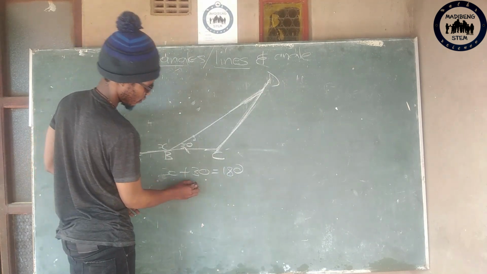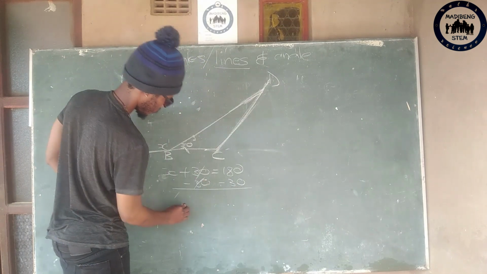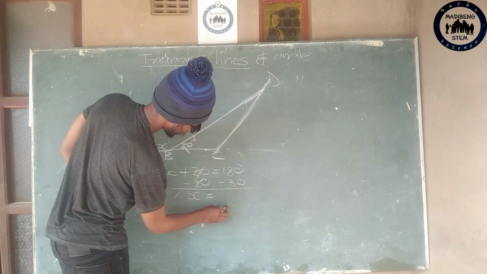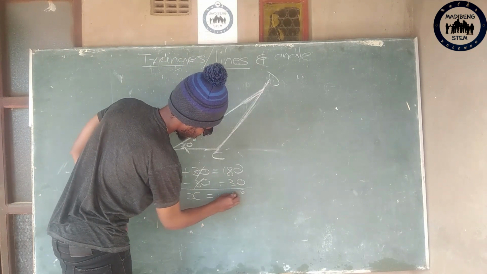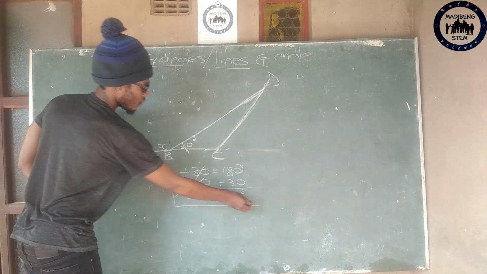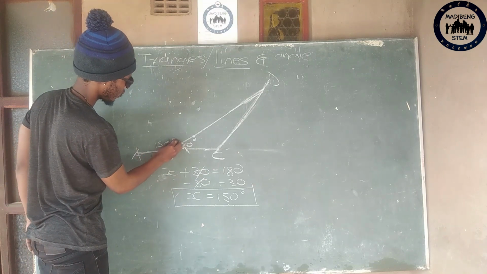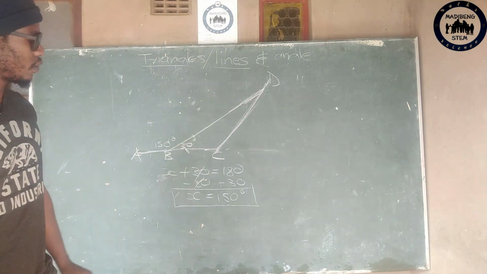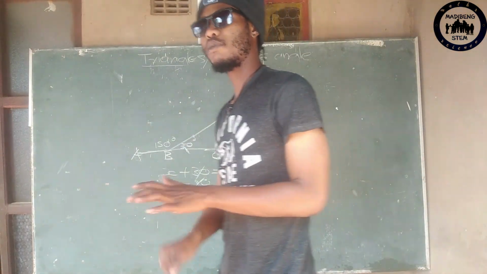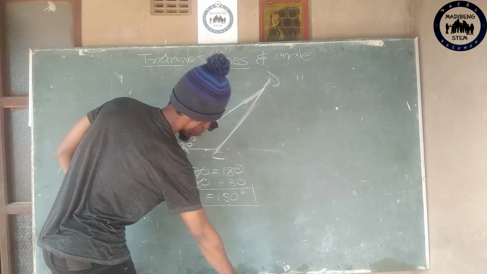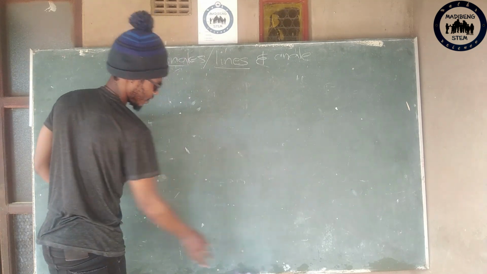So this angle is 150 degrees. You see, supplementary angles add up to 180, complementary angles add up to 90 degrees. Easy peasy, guys.